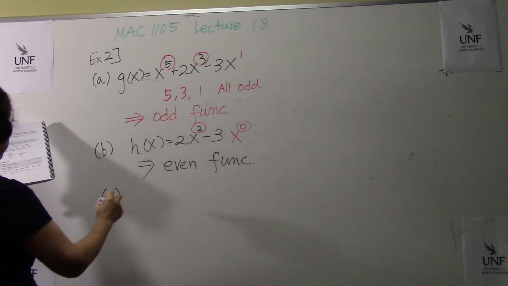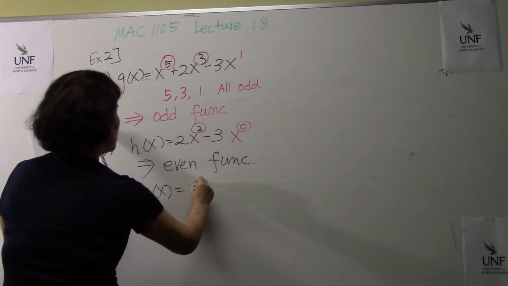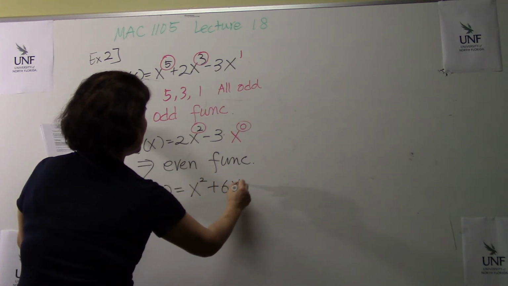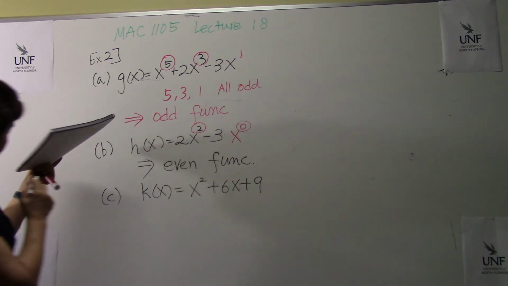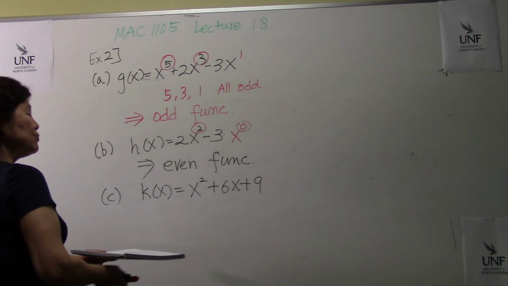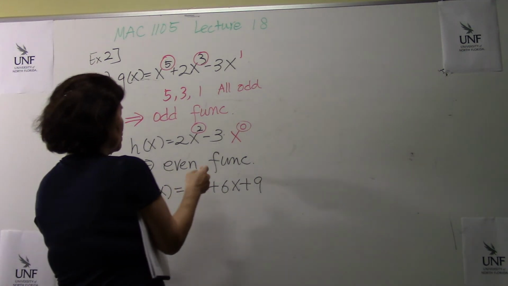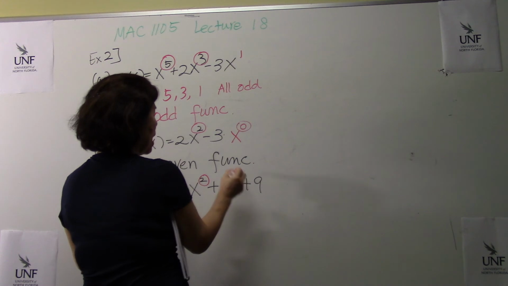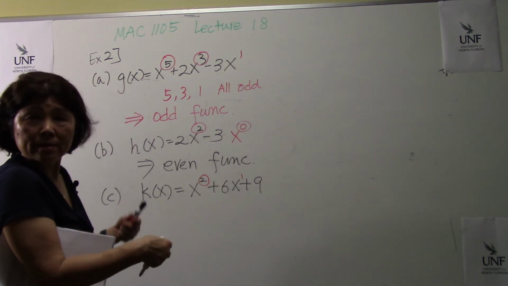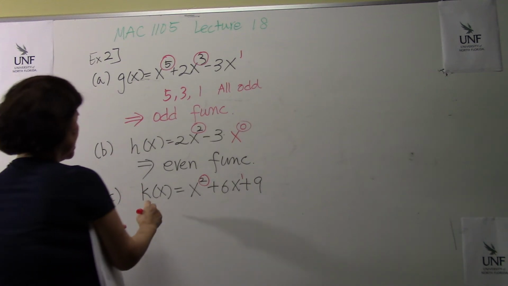Part C. k of x equals x squared plus 6x plus 9. Well, I see some kind of mixture over here. I see immediately, here is power 2. Here is power 1. It's already mixed, correct? In that case, we are going to say neither.